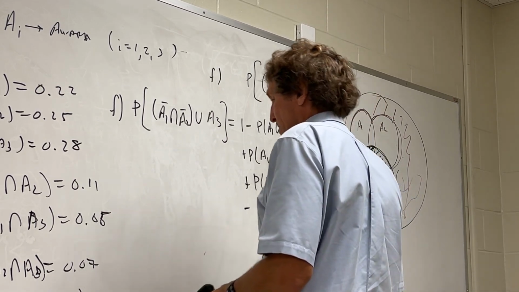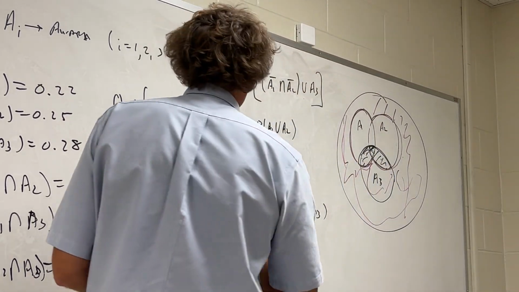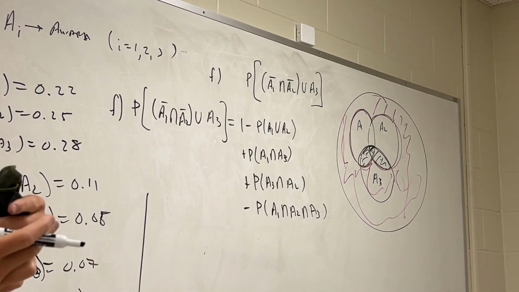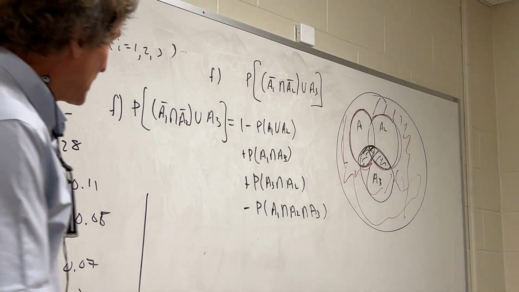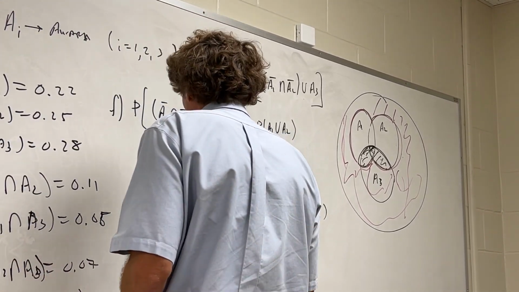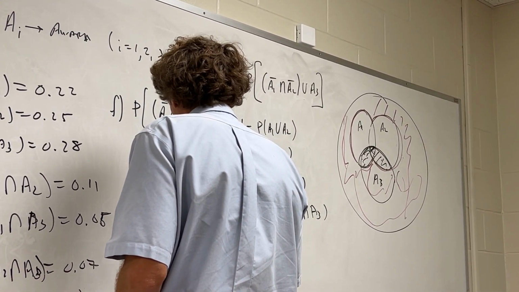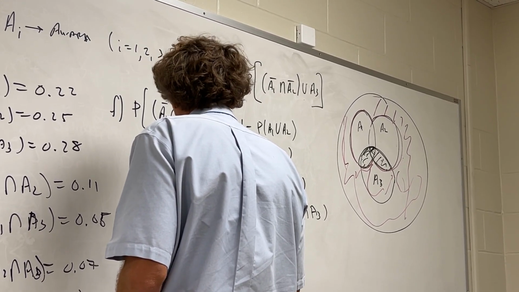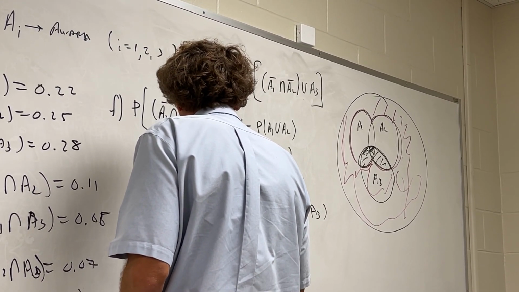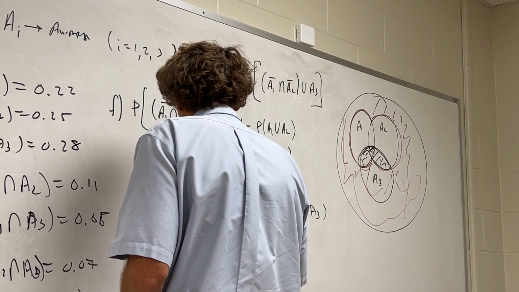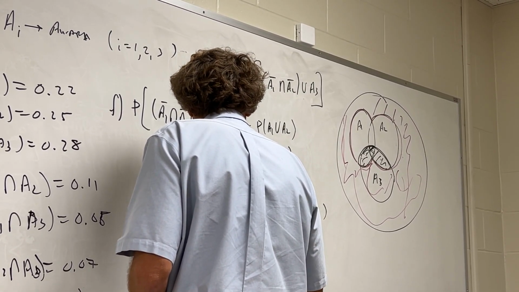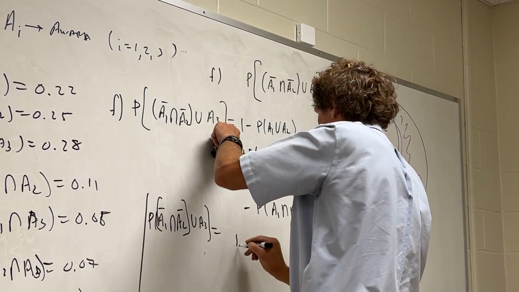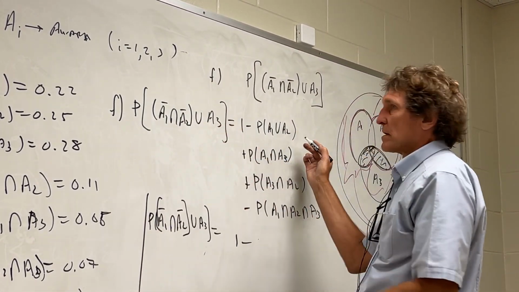Let's see what that's going to be equal to. I'm trying to do this in a rational way so everybody can appreciate it. What's the first answer we got? 36%.